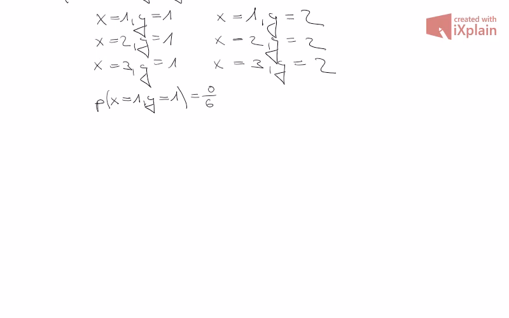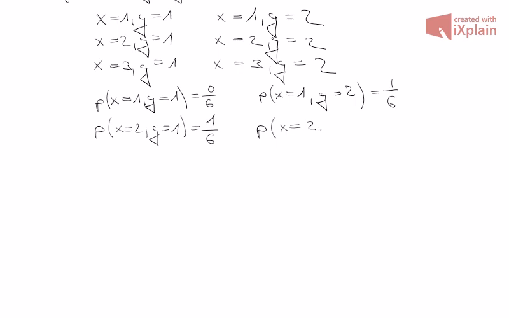The probability that x equals 1 and y equals 2 is 1 over 6. The probability that x equals 2, y equals 1 is also 1 over 6. The probability that x equals 2 and y equals 2 is 3 over 6.